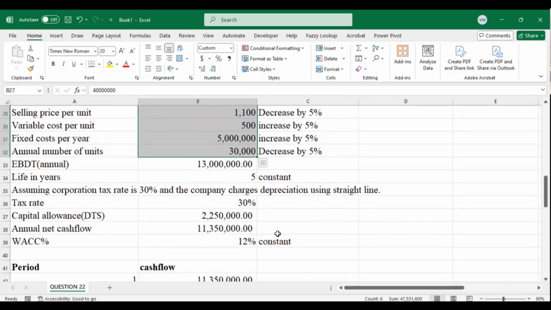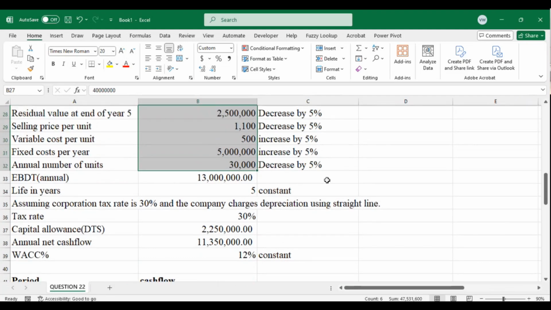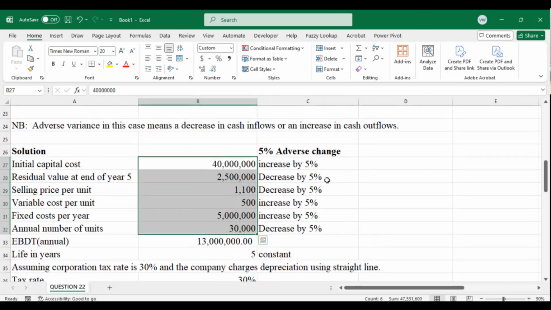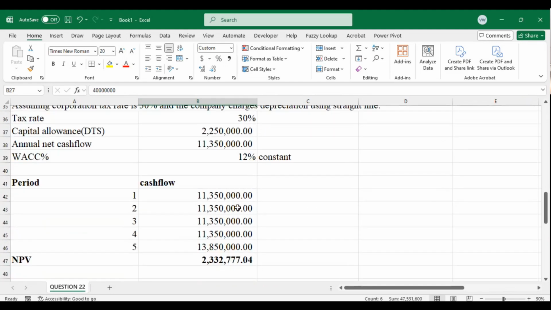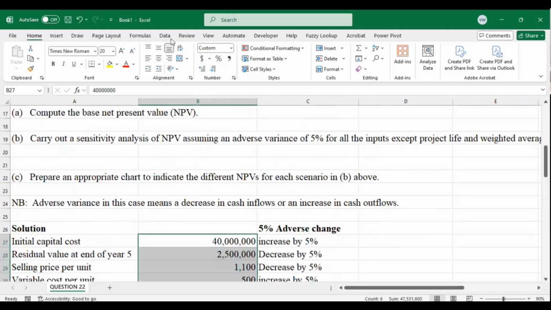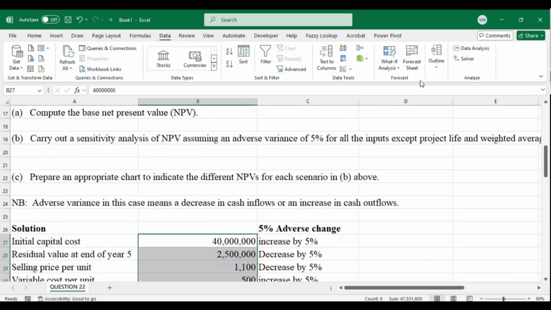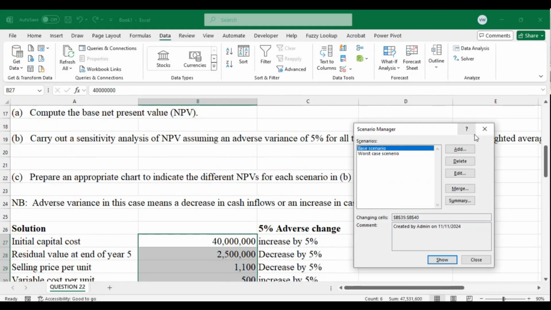This is constant and the other one is constant. So once I've selected the variables that are changing, I'll go to Data, and under that, What-If Analysis, Scenario Manager.